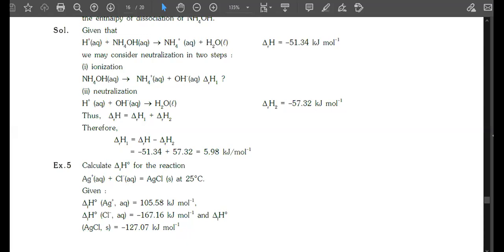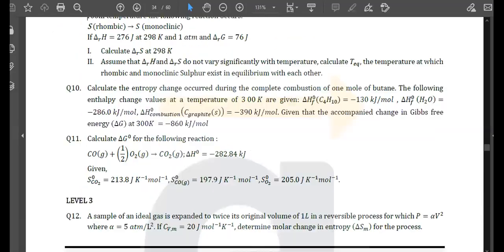Tell me, for how many classes? Anyone can tell me? We are studying thermodynamics for around 8 to 9 classes. Today might be the 9th class, I guess.